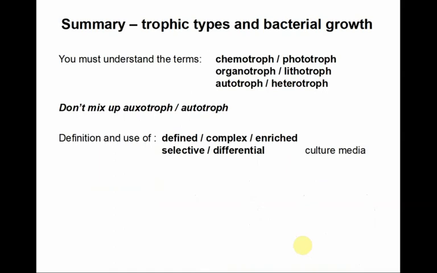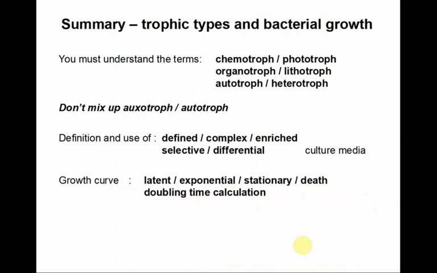Okay, the different types of media: defined, complex, selective, differential. Growth curve, very important to know what the different phases are and how to calculate the generation time. And then for biofilms, what is a biofilm?